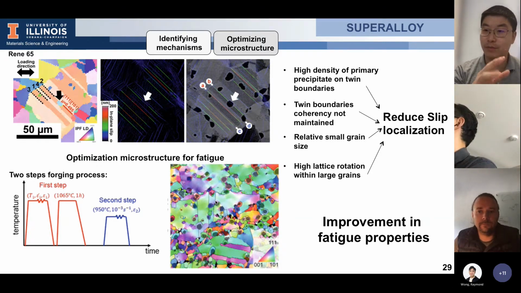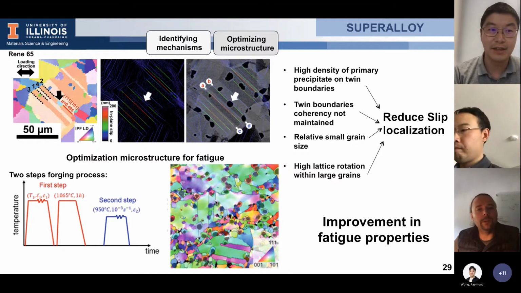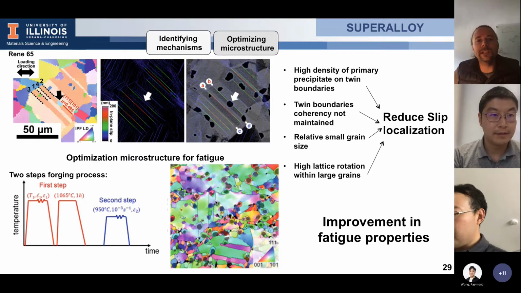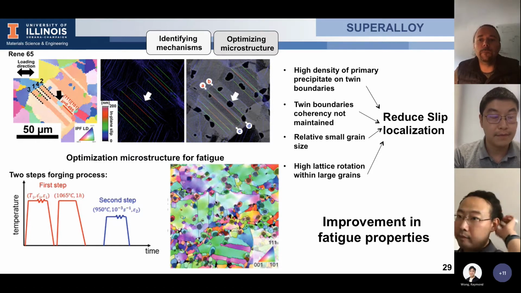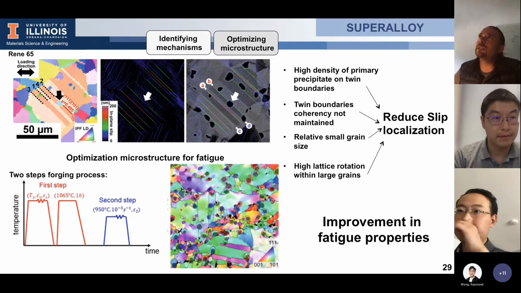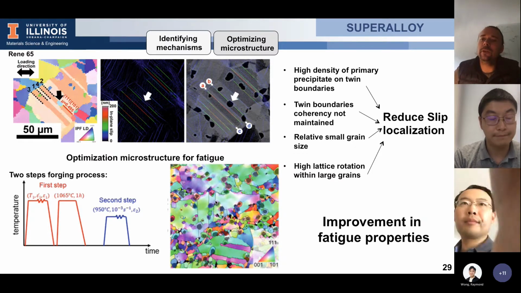Yes. So do you think it will be the same when you go to the 3D bulk crack nucleation? Yeah, it's a good question. The mechanisms are not exactly the same, but what we extract here is really the signature of the localization.